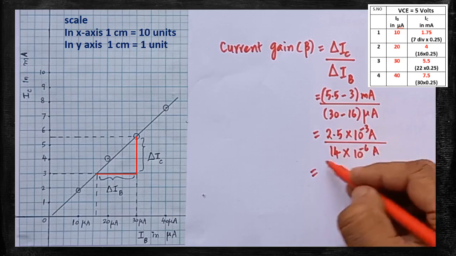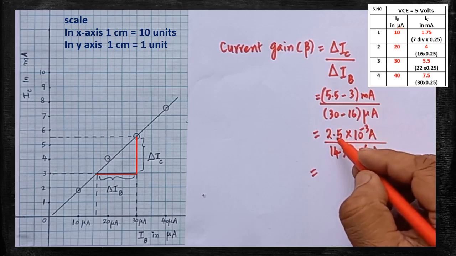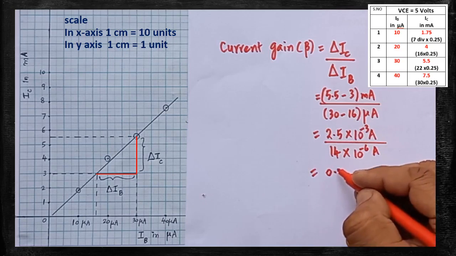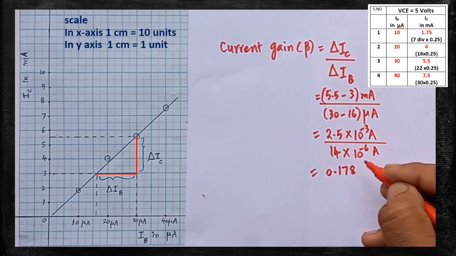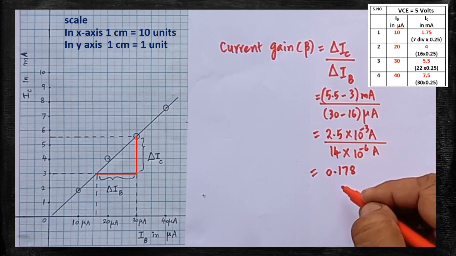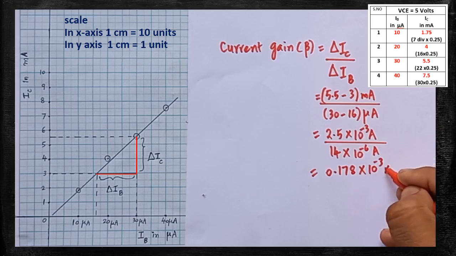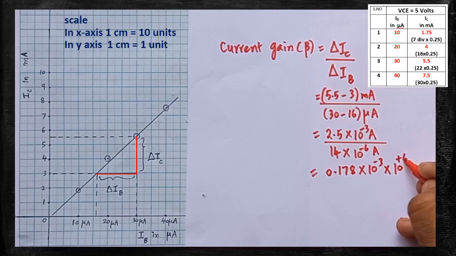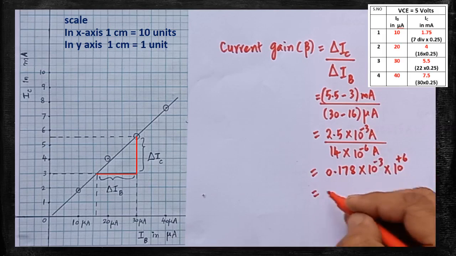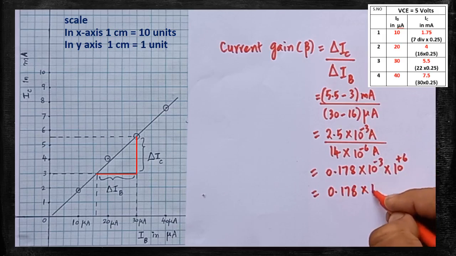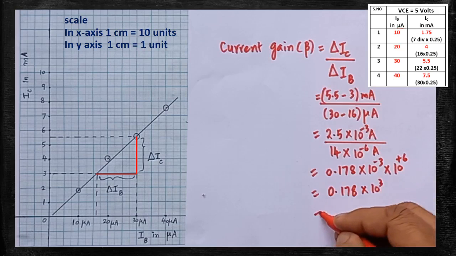Now find out the division calculation. 2.5 divided by 14 is 0.178 into 10 to the power of minus 3, and when the denominator power is brought up, minus 6 becomes plus 6. So after simplification, you will get 0.178 into 10 to the power of 3, which is 178.